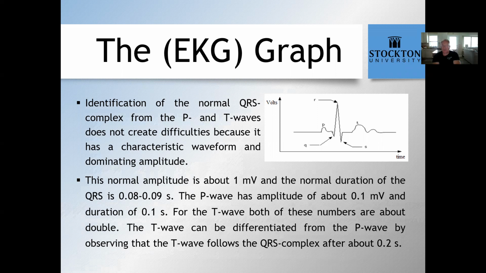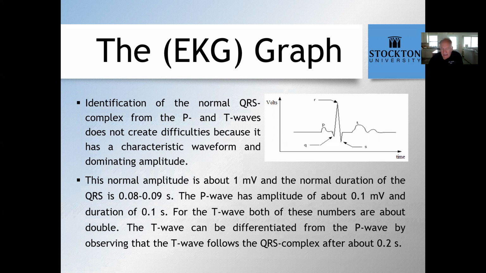This normal amplitude is about 1 millivolt. So from the ground, right from here to the top, is about 1 millivolt. And the normal duration of QRS is about 0.08 to 0.09 seconds.